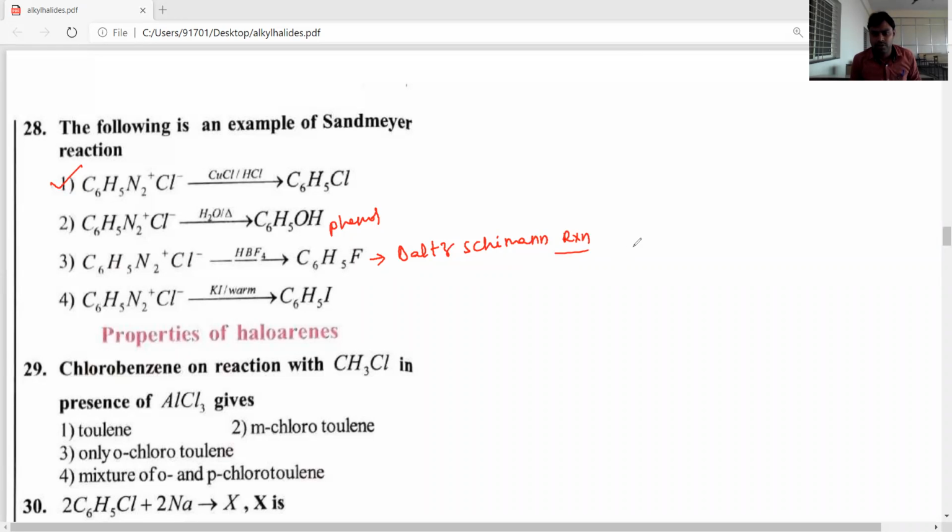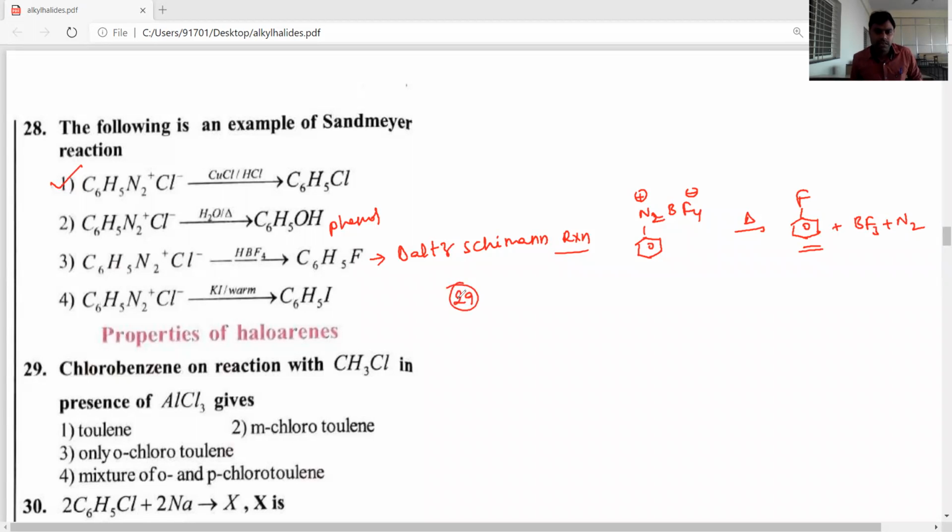Then what product will form? C6H5 N2 plus BF4 minus will form. N2BF4 on heating produces fluorobenzene plus BF3 plus N2. Okay. So this reaction is known as Balz-Schiemann reaction. Among that, Sandmeyer reaction is the first one. Okay. Let's see the 29th question.